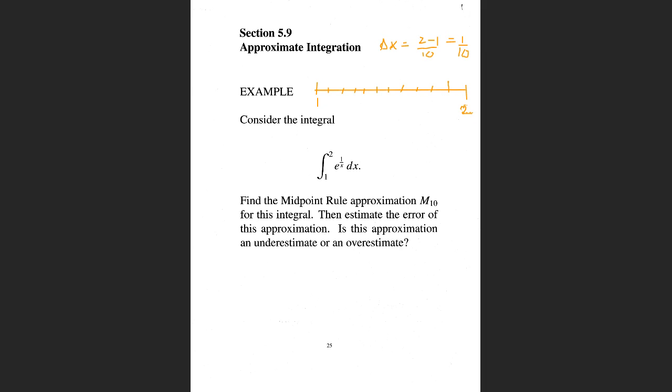All right, hold on, everybody. There are 10 subintervals, and what's the first number going to be here? 1.1. That's right.